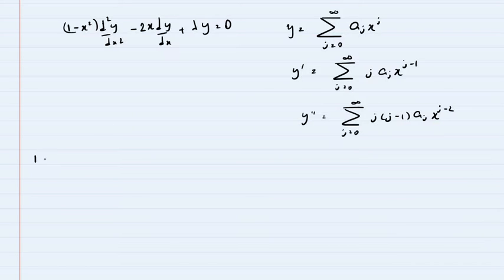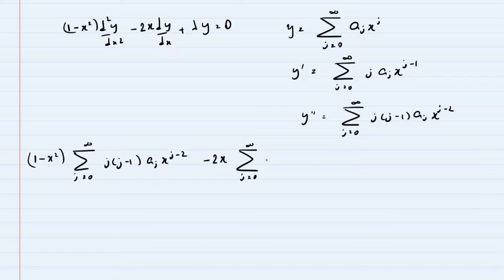I get (1 - x^2) times the sum from 0 to infinity of j(j-1) a_j x^(j-2), minus 2x times the sum from 0 to infinity of j a_j x^(j-1), plus λ times the sum from 0 to infinity of a_j x^j is equal to 0.